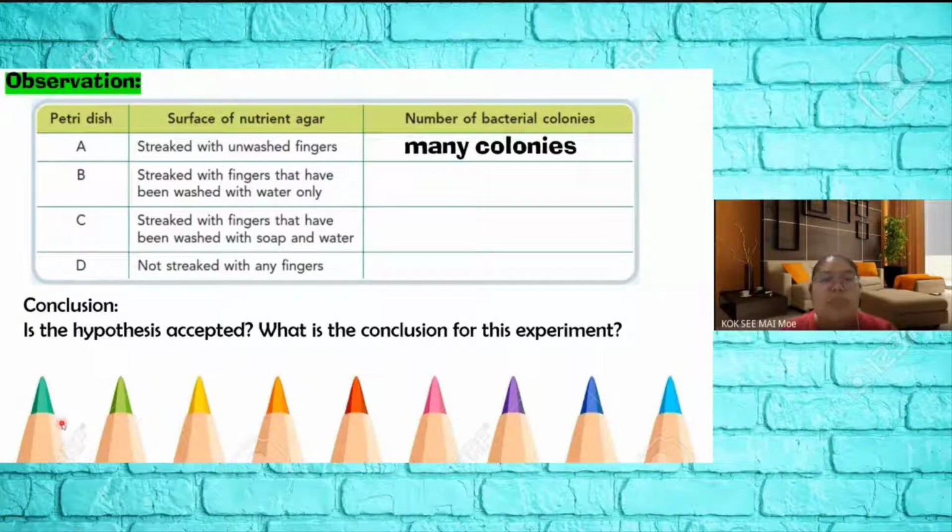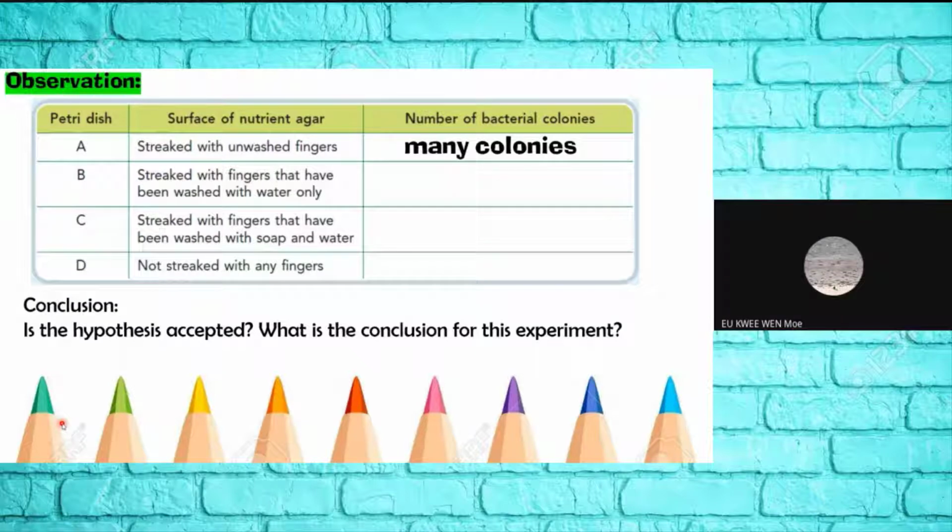Okay, how about B and C? What's the difference? Which one should be a few? A few and less, we compare. Okay, C is a few. What's the meaning of few and less? If I let you just compare B and C, which one should be the answer for B?